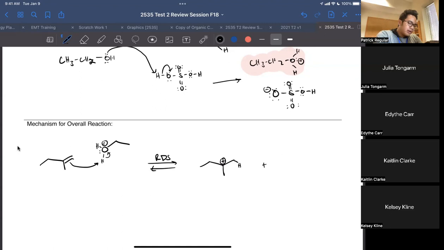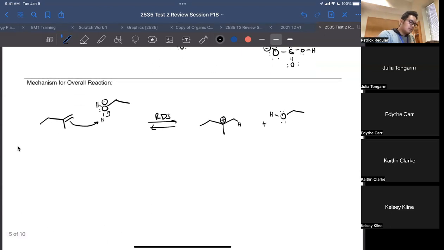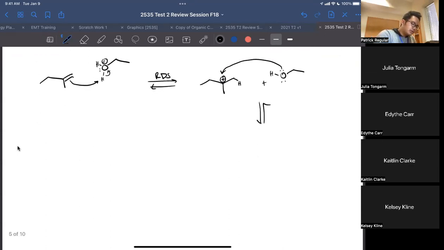And then again, you have a byproduct of that alcohol once again. Right? And now there's a nucleophilic attack. The lone pair attacks there. Then we have H, O, H. Don't forget when the nucleophile attacks, oxygen has 3 bonds and there is a positive formal charge.